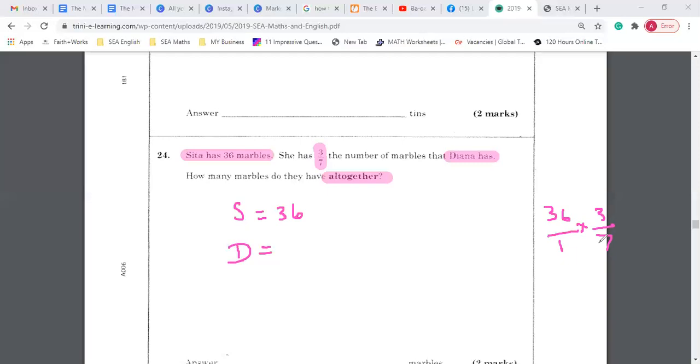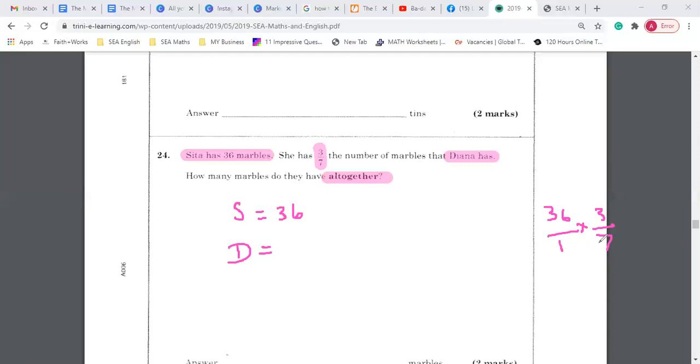Okay, Zia, what did you try? How did you try to solve how many Diana has? Since it said all together, I added, because I read the question and it said all together, and all together is addition. So I added them together. And altogether they have 36 and 3/7 marbles.